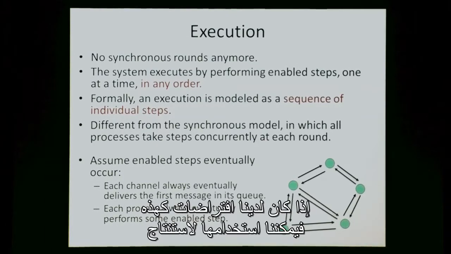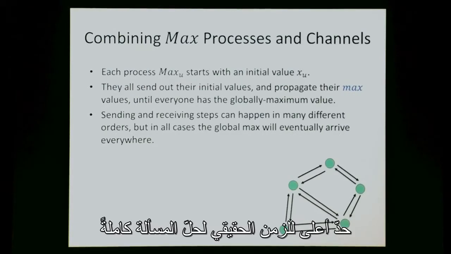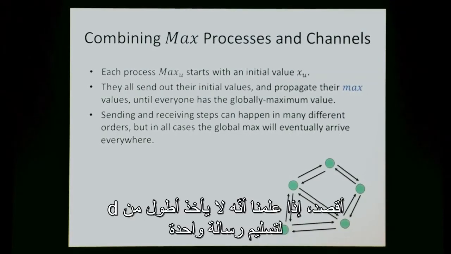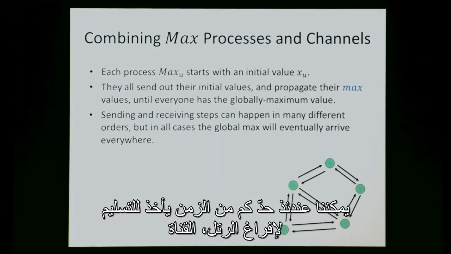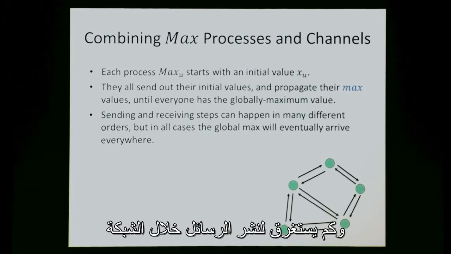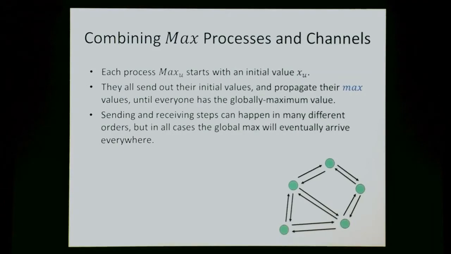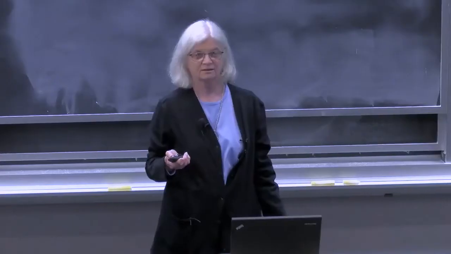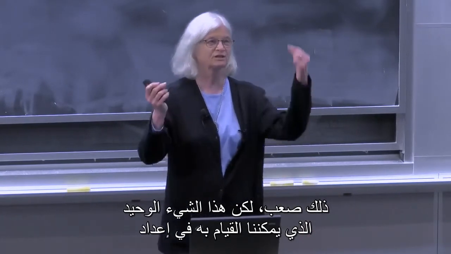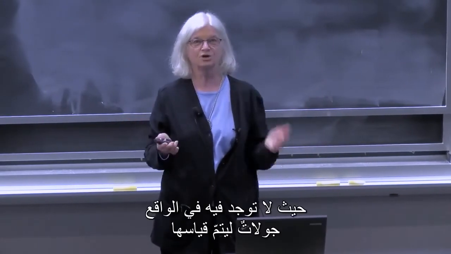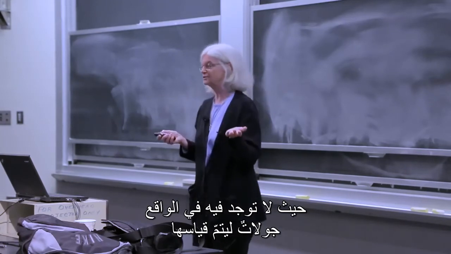If you have assumptions like that, you could use those to infer a real-time upper bound for solving the whole problem. If you know it takes no longer than d to deliver one message, then you can bound how long it takes to empty out a channel, and how long it takes for messages to propagate through the network. Okay? So it's tricky, but this is about the only thing you can do in a setting where you don't actually have rounds to measure.